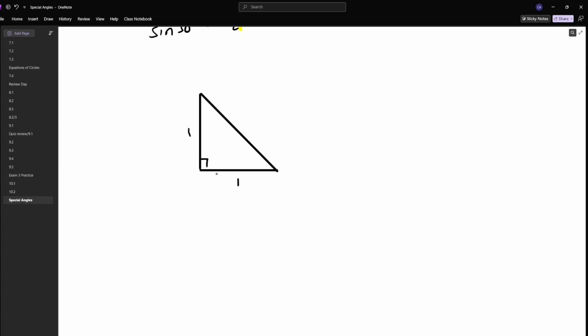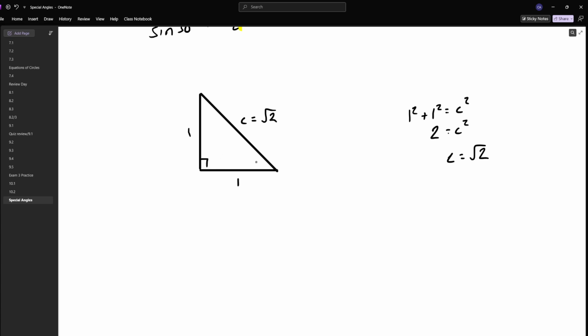Using the Pythagorean theorem again, 1 squared plus 1 squared equals c squared. 1 plus 1 is 2, so c squared is 2, which means c is the square root of 2.